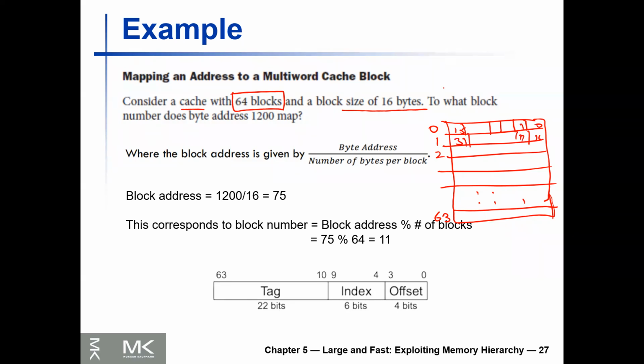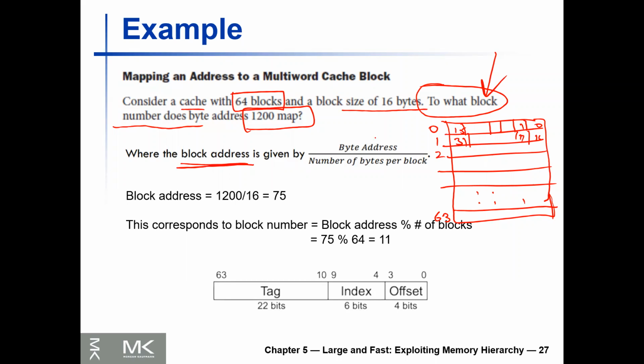Then they are asking to which block number the given address is going to be mapped. Okay, so there is a formula. Block address, simple. Because we have many blocks, 0 to 15 and so on, which block address is it talking about?